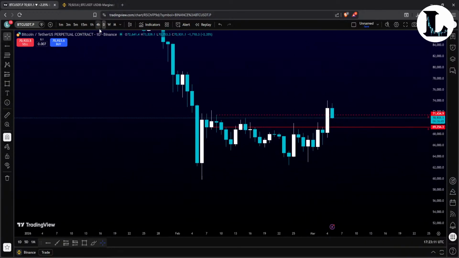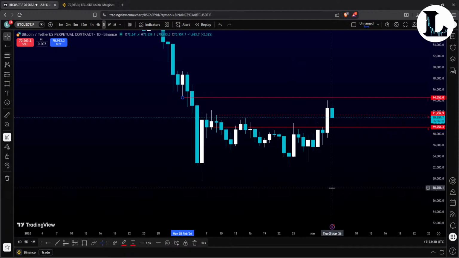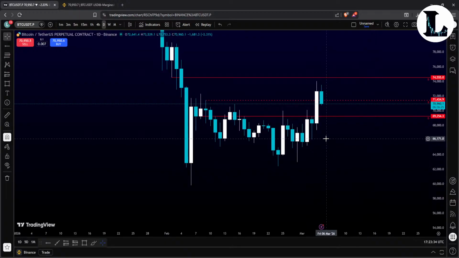So if we go to a lower time frame, we don't need this level anymore, this resistance. It might act as support here, but we are still far away from that, so we probably don't even need that line. I'm going to keep this one here just for you guys to understand. That's a big resistance for the future.